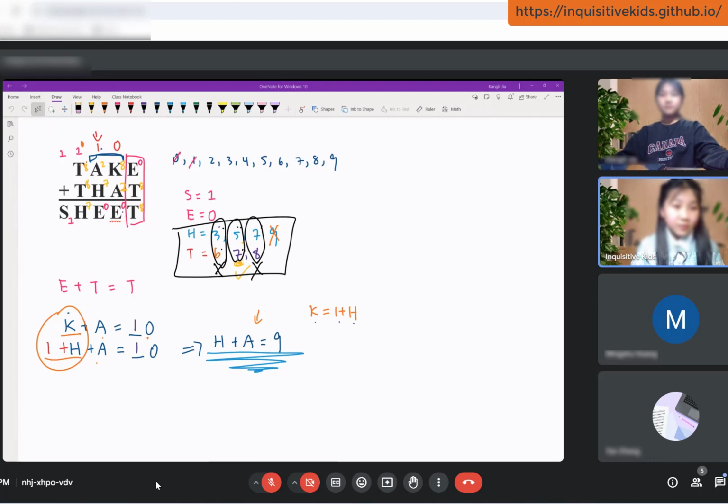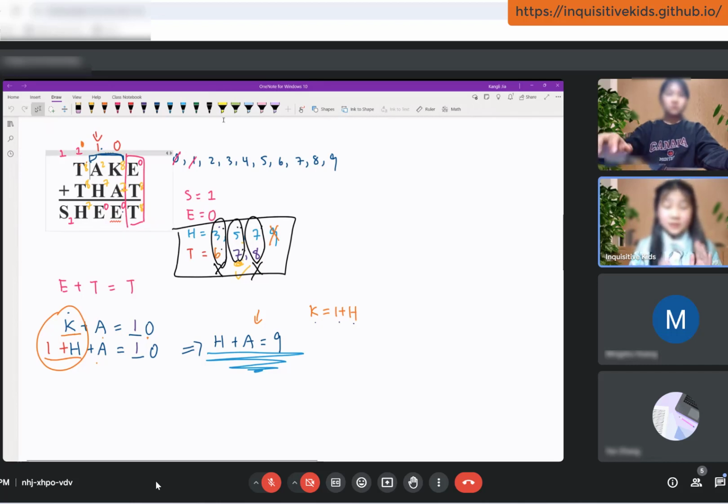So to solve this problem, right, after we know what t equals, we know what s equals, and we know what e equals. After we know what s and e equals, the rest is the process of elimination along with trial and error. If you look at the relationship between the middle two place values, which is a and k especially, we know that k plus a is equal to 10.